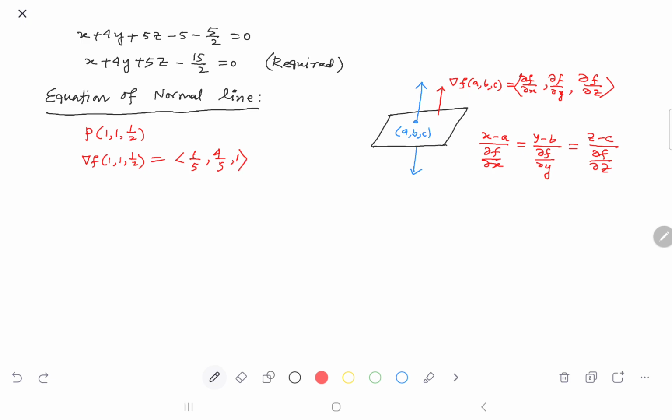So this is the gradient vector of the function at (1, 1, 1/2). So the equation of the normal line, as I told you how to write.